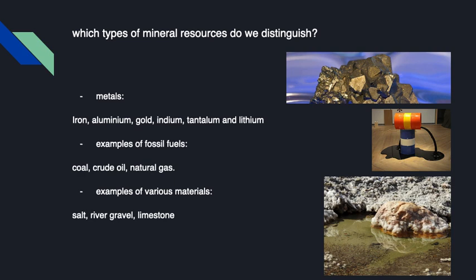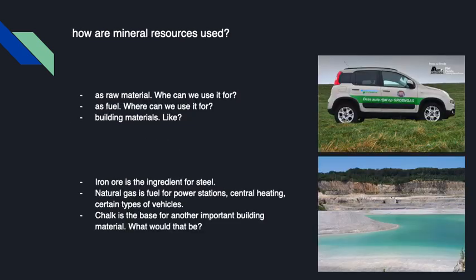And cement is used as a mortar to lay bricks. So your house is built with bricks which contains, of course, clay. Clay comes at the border of the river, and well, they are stuck together with cement which contains chalk and clay and river gravel. So you see, these mineral resources are pretty important for our daily lives.